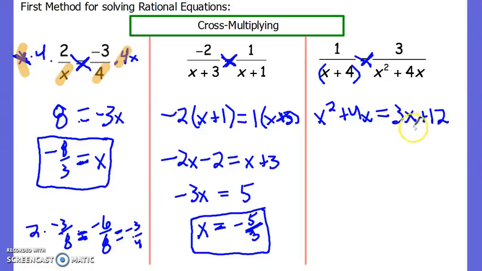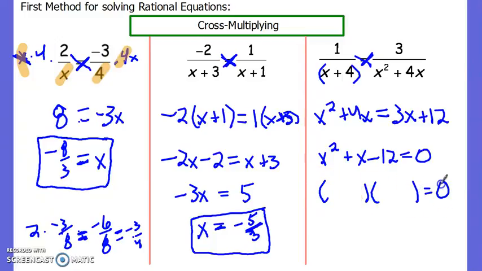And we want to make sure that we get our problem equal to 0 so that we can decide on a solid method for solving. So let's subtract our 3x and subtract our 12, which means the quadratic formula would be in play. We have a middle term, so I can't use square roots alone. But we could also attempt, at least if we're lucky, to just factor.